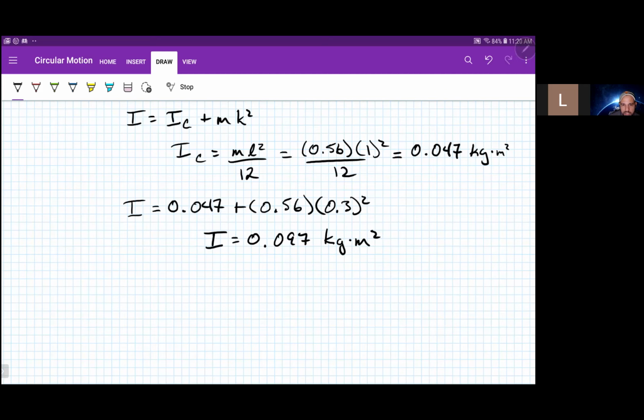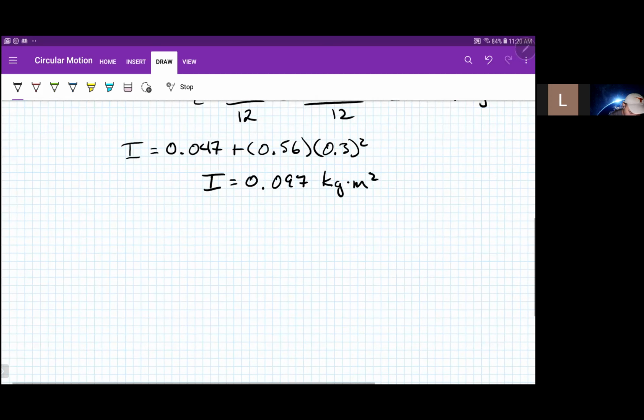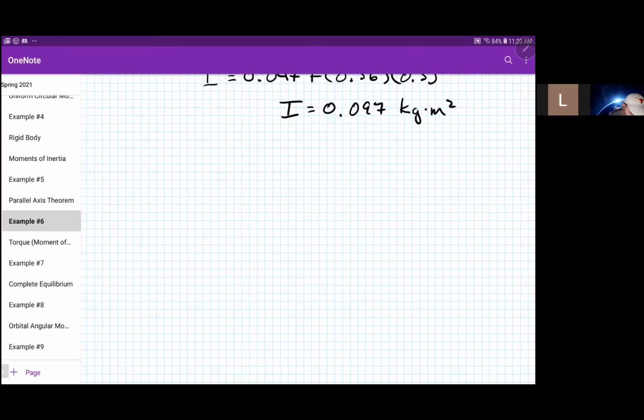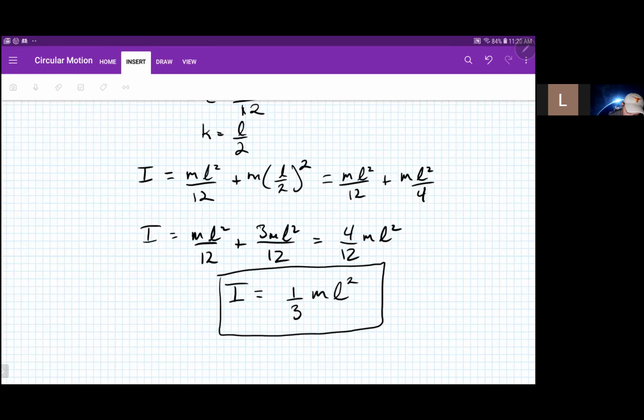But I can show that you do have to use the center of mass I. So let's show what if we used the other equation to figure it out?